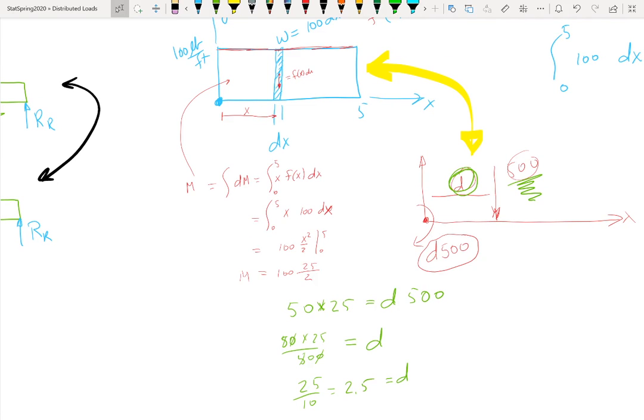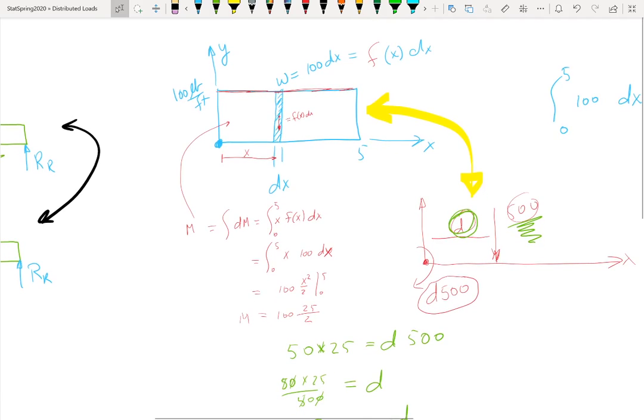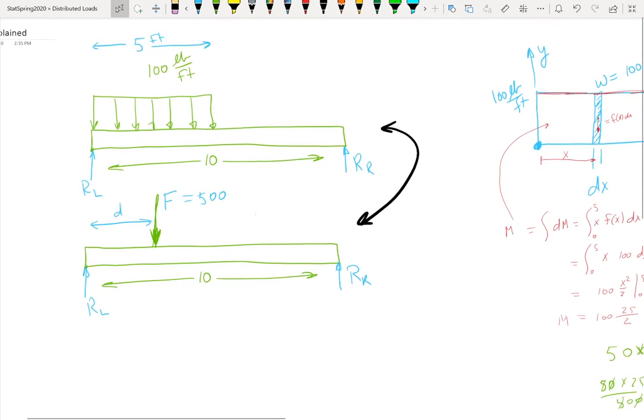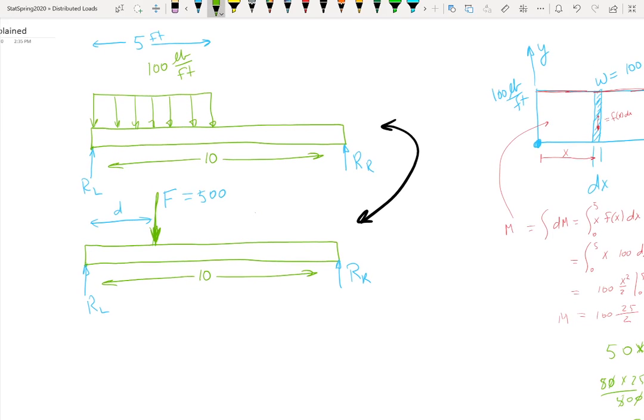But the key here is that in fact we did find an equivalent load. The equivalent load is 500 pounds located at 2.5 feet over to the right. This load will give me the same reactions here and the same reactions here.